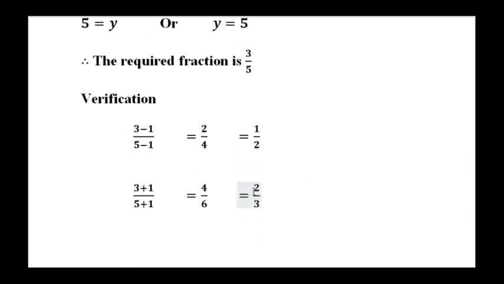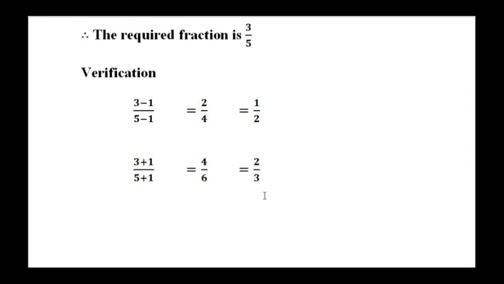Additionally, if we add 1 to both the numerator and denominator of the fraction 3 upon 5, we get 2 upon 3, which satisfies the second condition of the question. It is important to note that verification is done for clarification purpose.